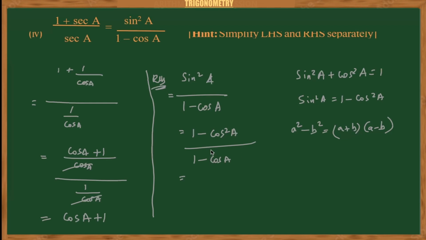So that way it gets cancelled. So 1 square is nothing but 1, so it doesn't change.